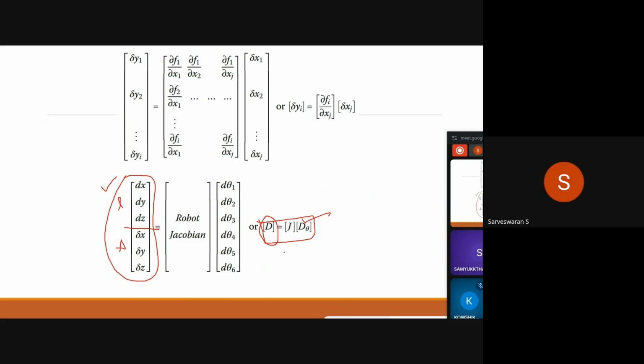So if d is provided and we have to find d theta, we have to take J inverse.